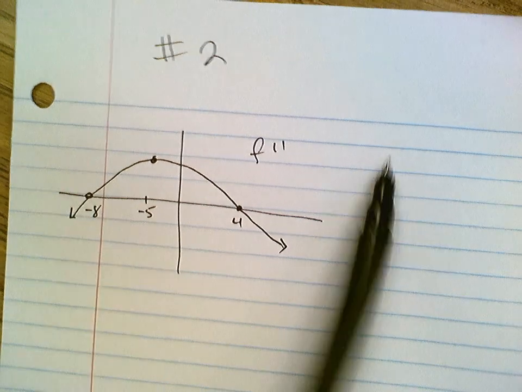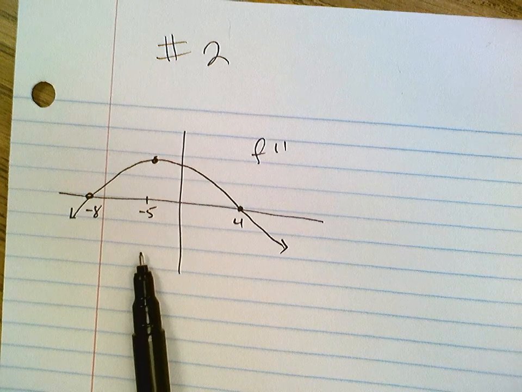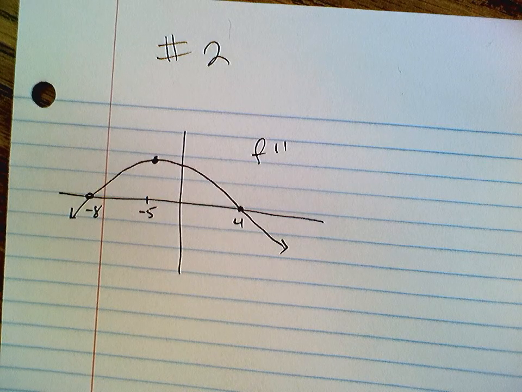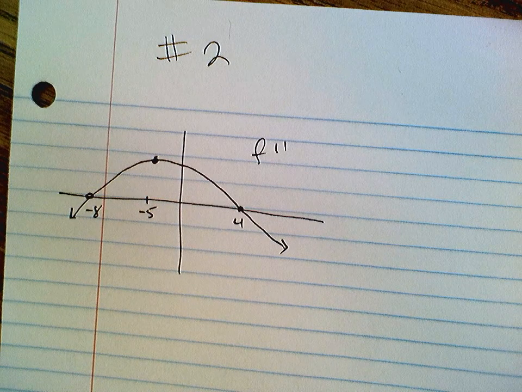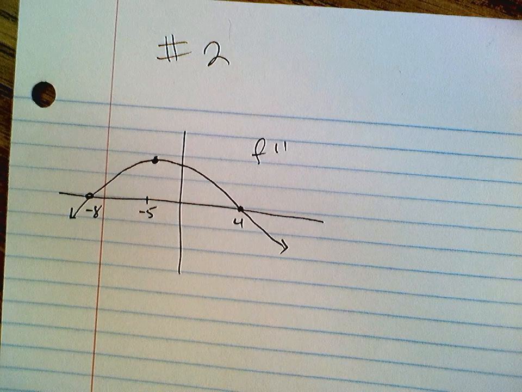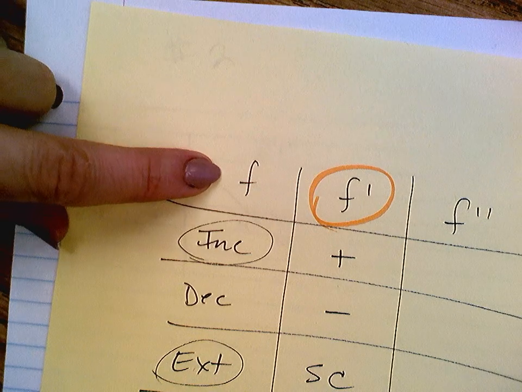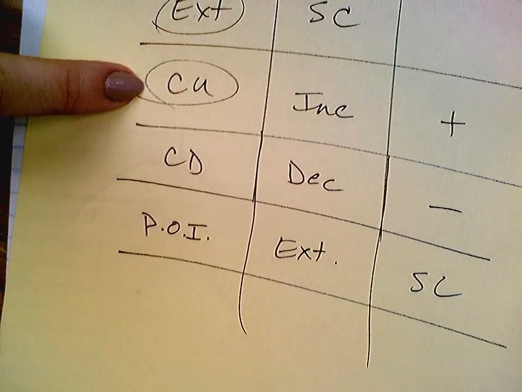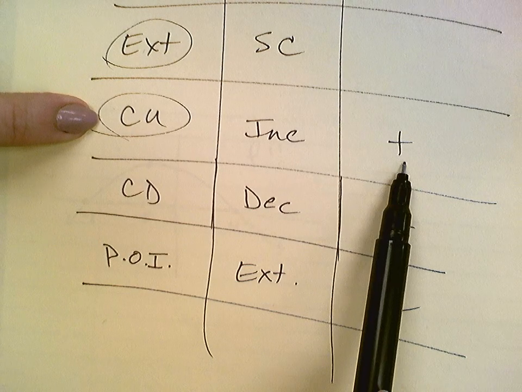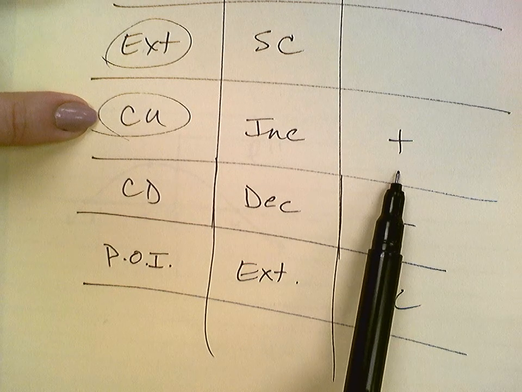And because we're given the graph of F double prime, every explanation is going to be because F double prime blank, because F double prime blank. Okay, so first they're asking where is F concave up. You got to go over here to the F double prime column.